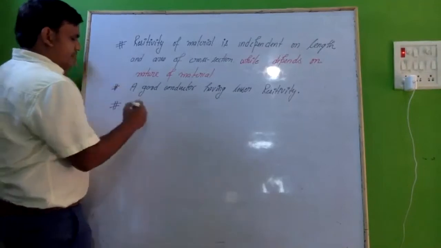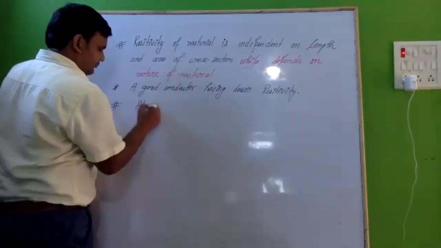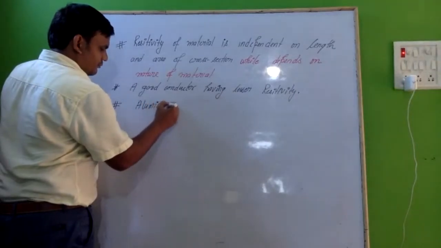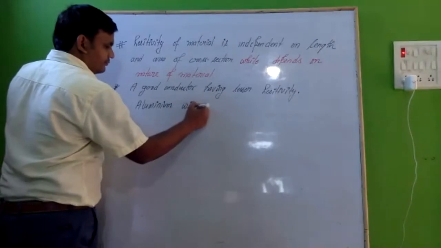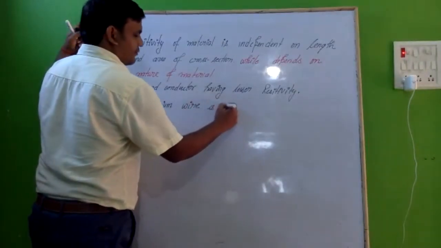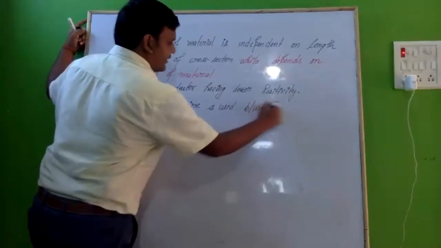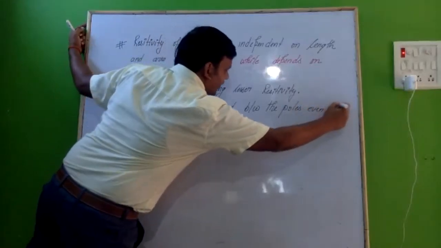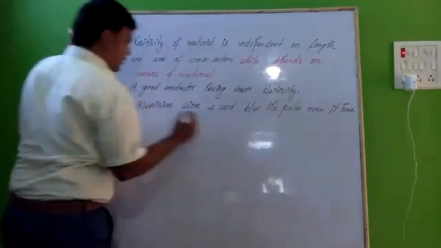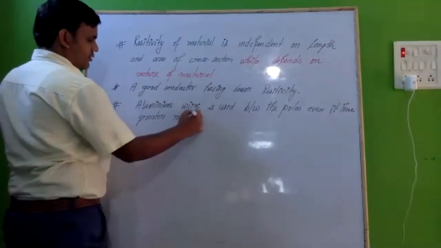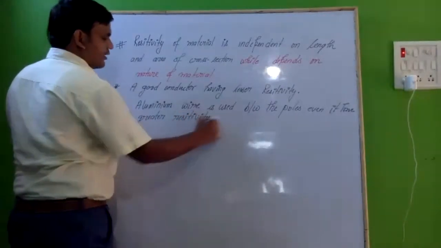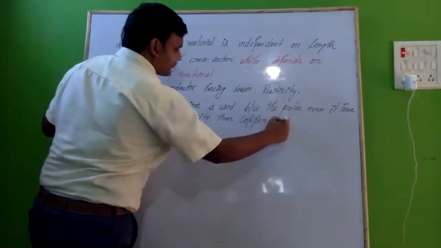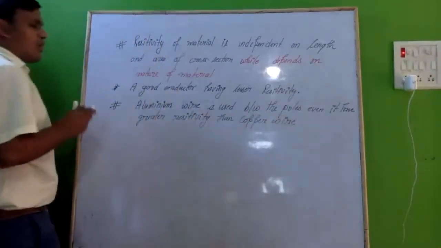So, aluminium wire is used between the poles, even it has greater resistivity than copper wire. So what will be the reason?